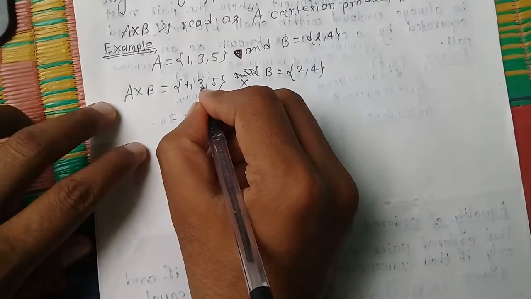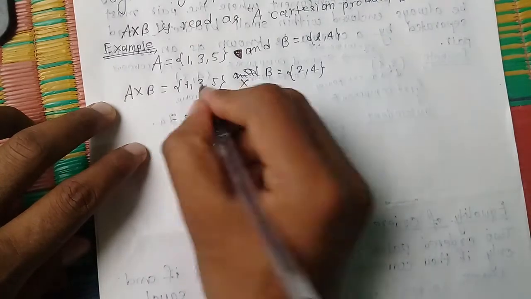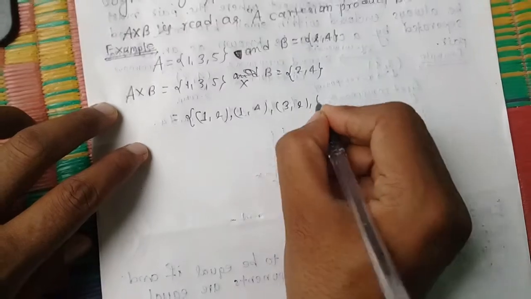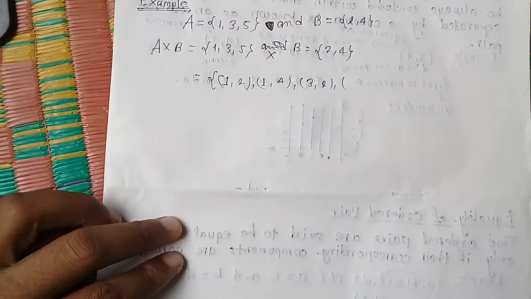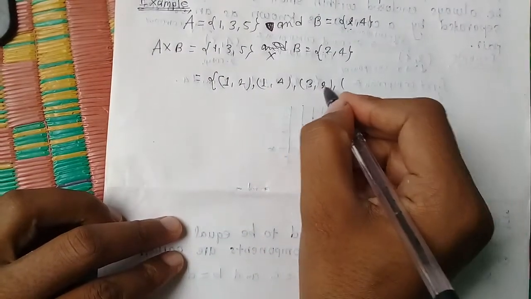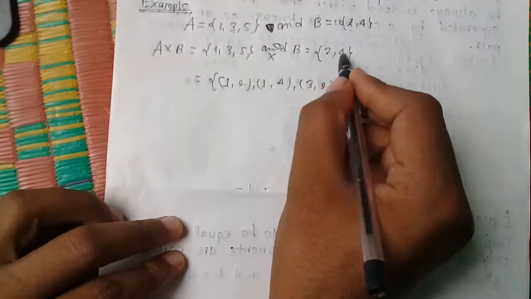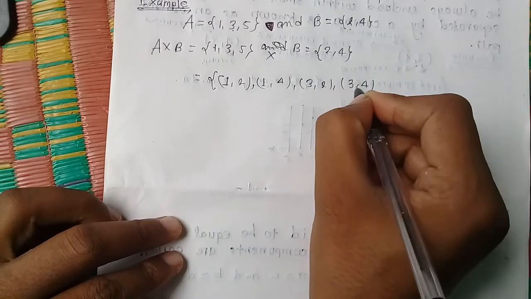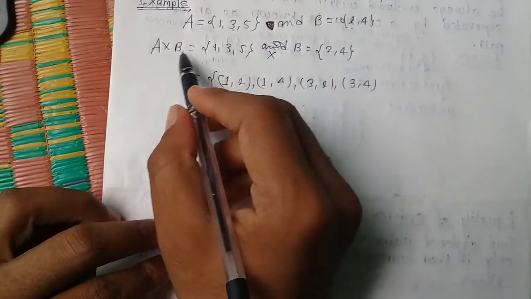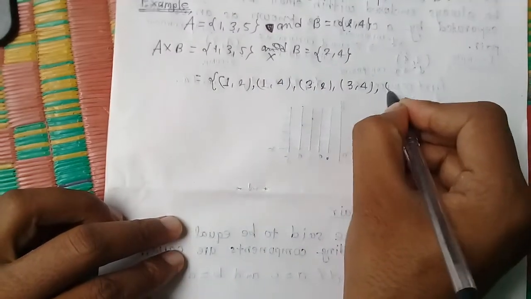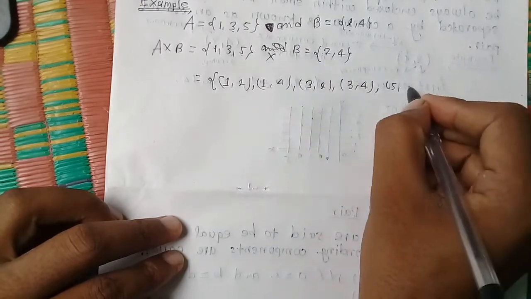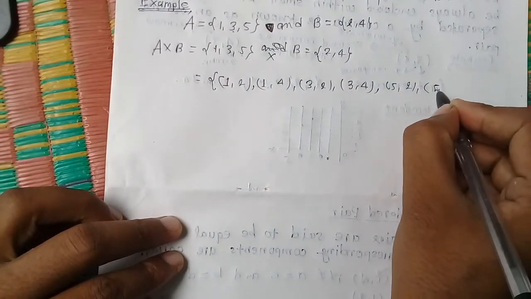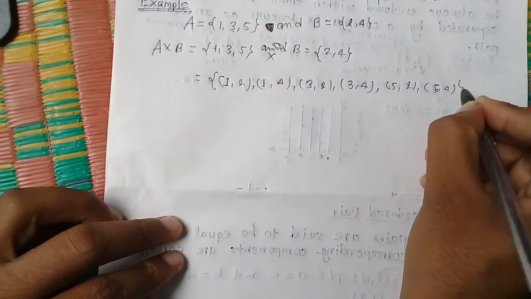Again, take 3 from group A. So 3 and 2, 3 and 4. Now again take 5 from group A. So 5 and 2, and 5 and 4.